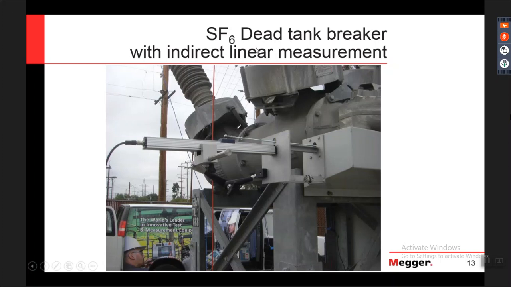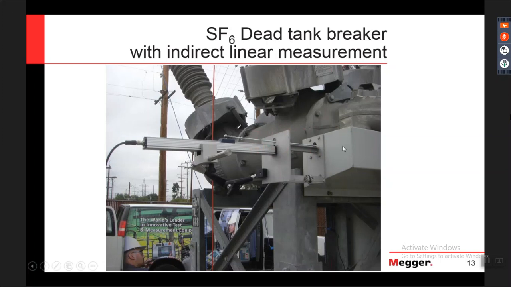Next example, it's also a dead tank with indirect linear measurement. Here you cannot see what happens, but since the main contact is located in this housing and moving in this direction, you can figure out that the linear motion here is not exactly the same.